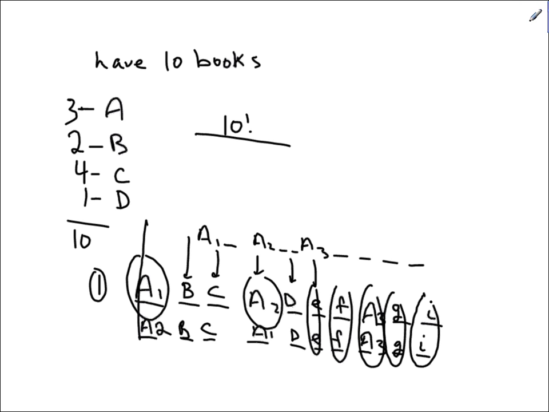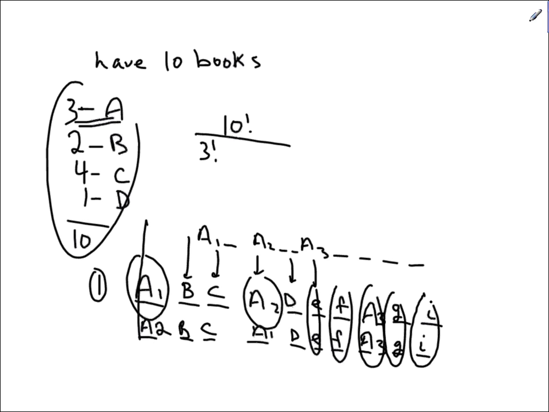In fact, we would be counting them 3 factorial times too many. Every time you put the books in the bookcase, there will be 3 A's, and any way you could arrange them, you could arrange them 6 times in that same fashion.